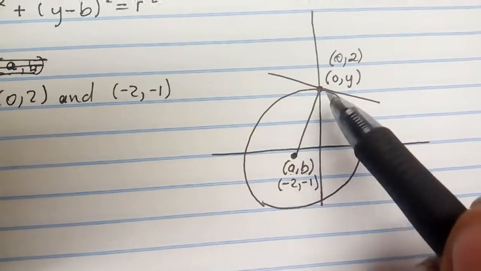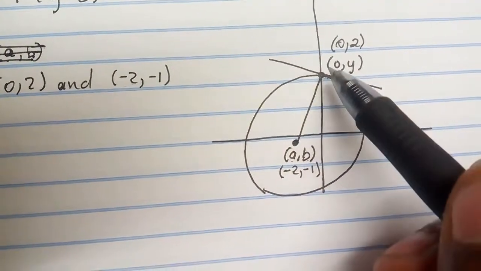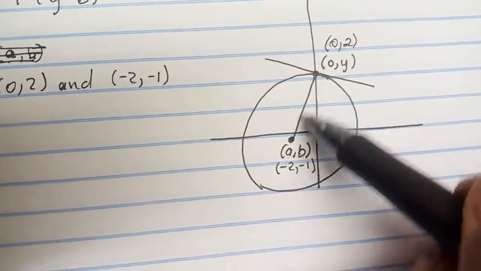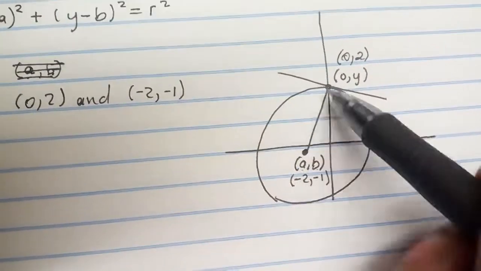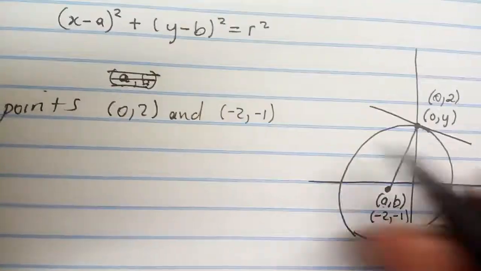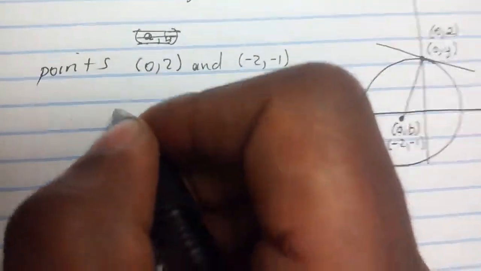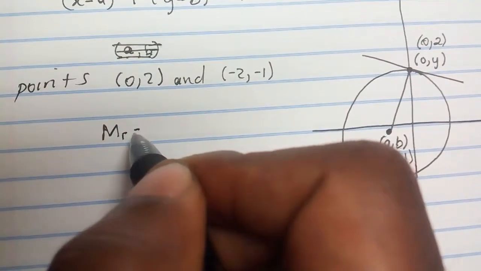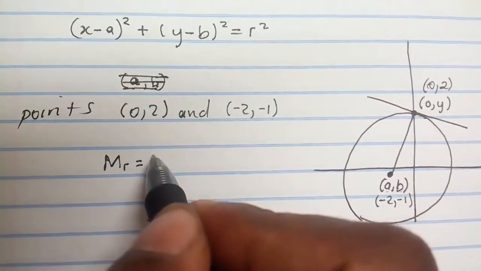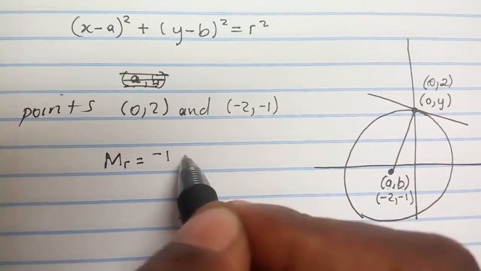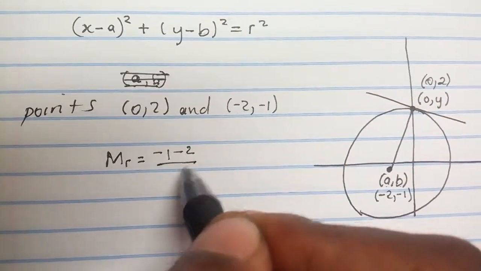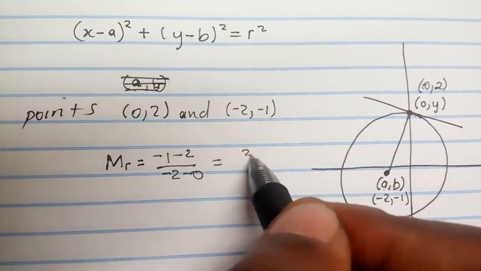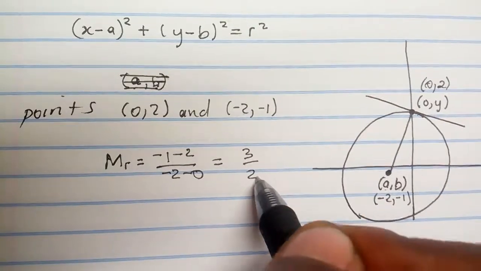You now have 2 points with coordinates known, this point and that point. So given the 2 points, then you can determine the gradient of this line, which is referred to as the radius of this circle. That is what we're going to do next. We calculate the gradient of the radius, which equals (-1 - 2) / (-2 - 0), which equals 3/2.